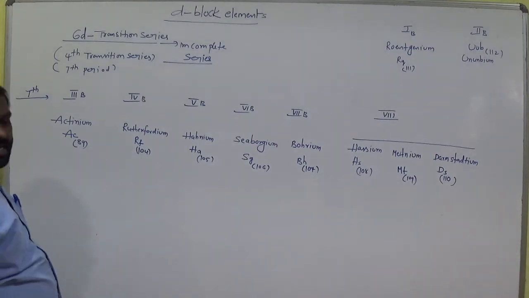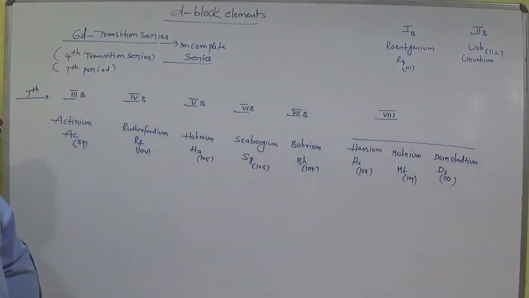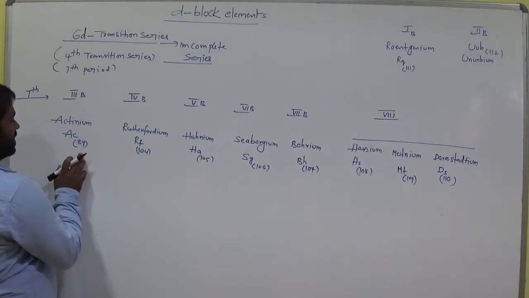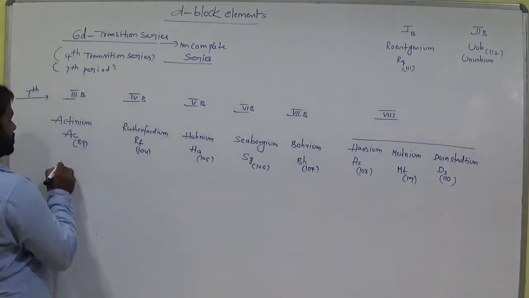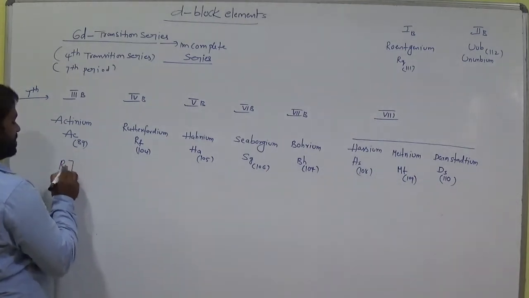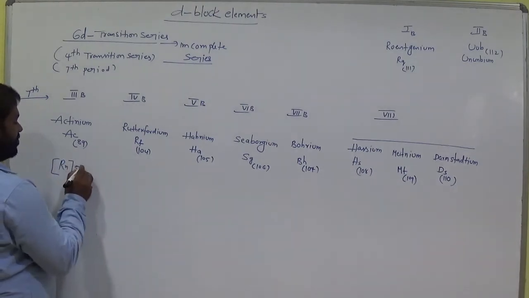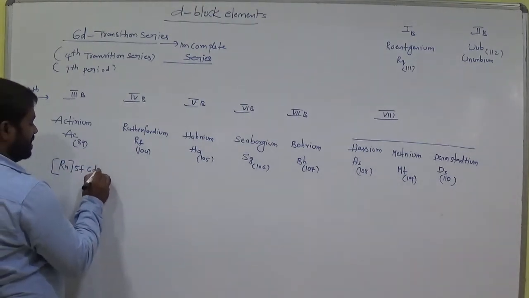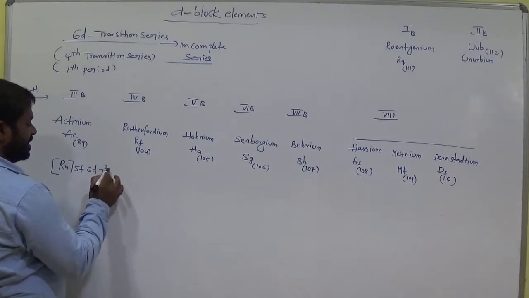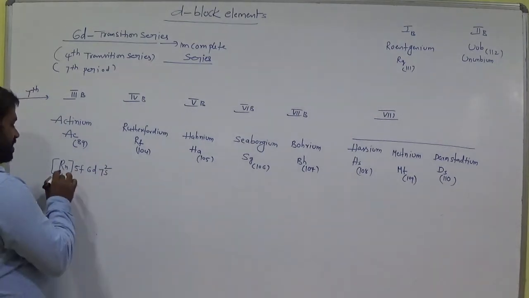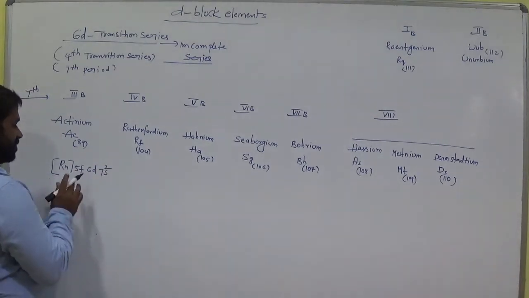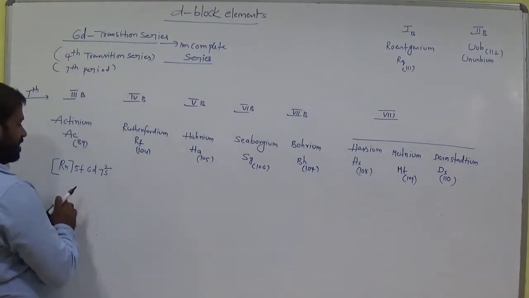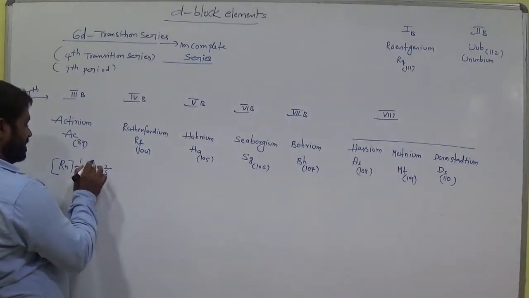Now I would like to write the electronic configuration of these. The first one, Actinium 89. So 89 means the nearest noble gas is Radon 86, after 5f, 6d, 7s. First we write the electrons in s: 86 plus 2, 88, plus 1, 89, we are expecting this.